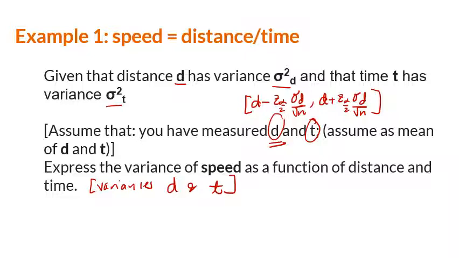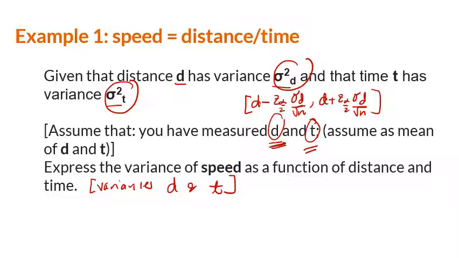So you'd express the variance of speed as a function of D, T, sigma squared D, and sigma squared T. Okay, that is what we will do in this slide.